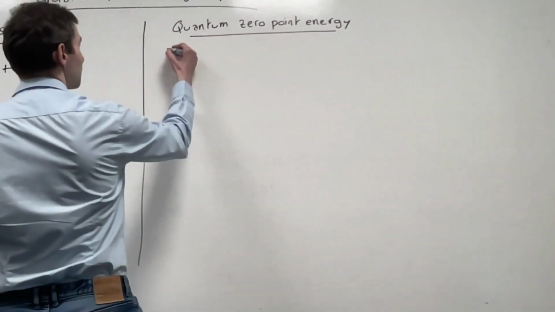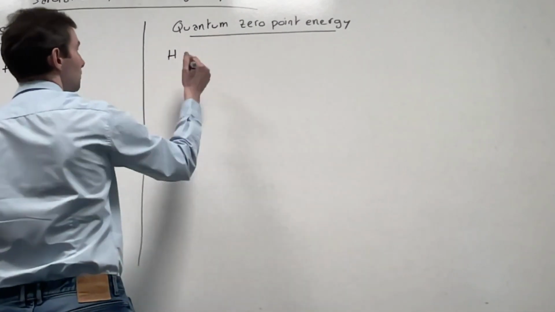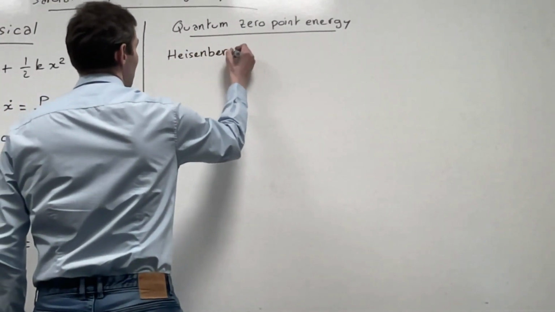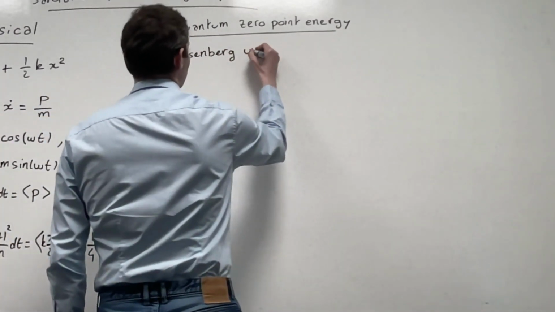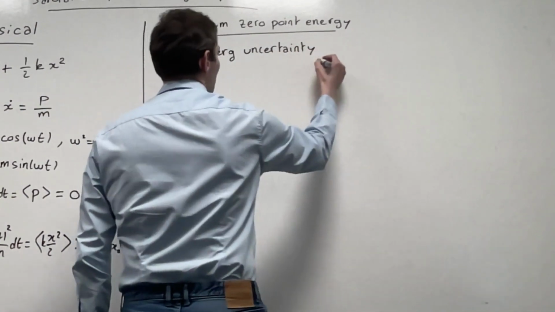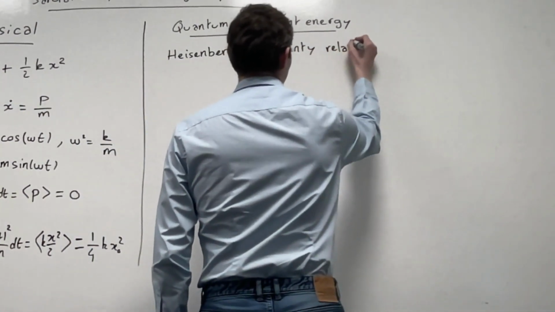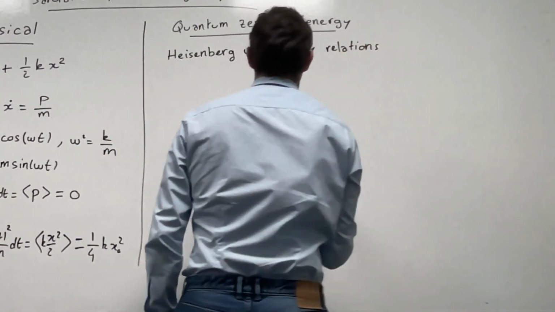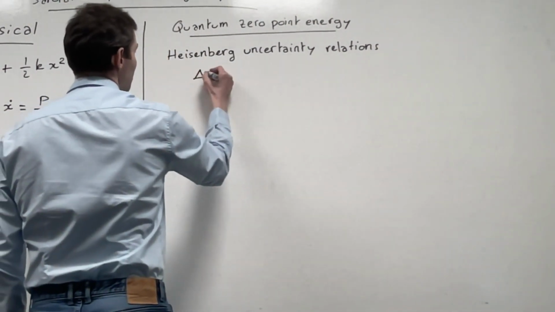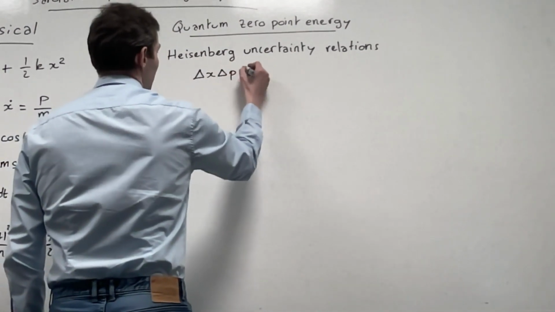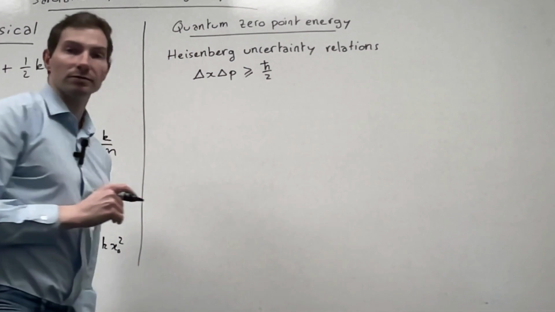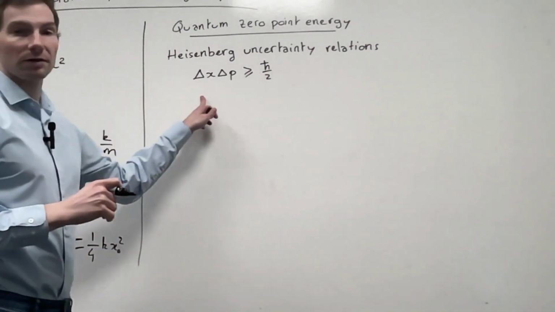In quantum mechanics, we've got the Heisenberg uncertainty relation, and what it reads is delta x, delta p needs to be larger than or equal to h bar over 2.